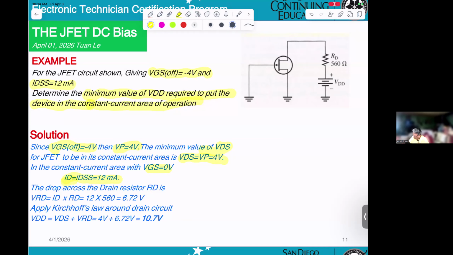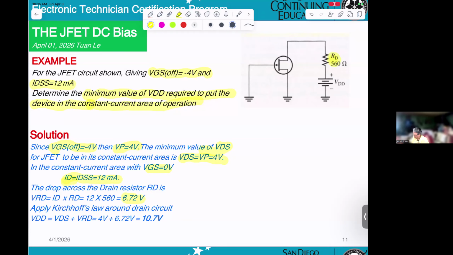The drop across the drain resistor RD is VRD, which is ID times RD, 12 milliamps times 560 ohms.